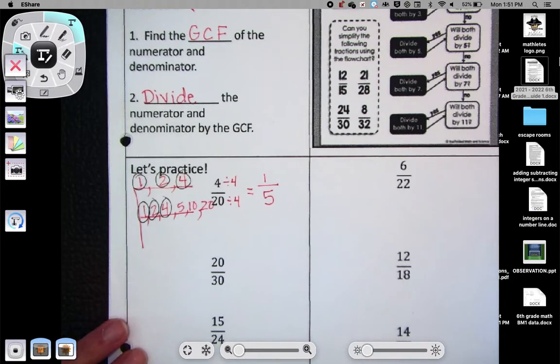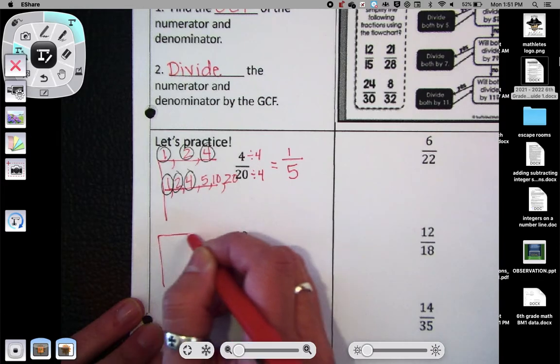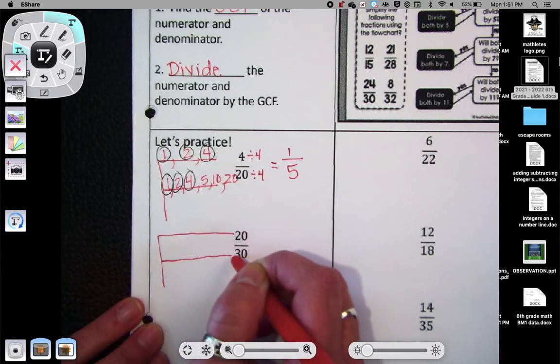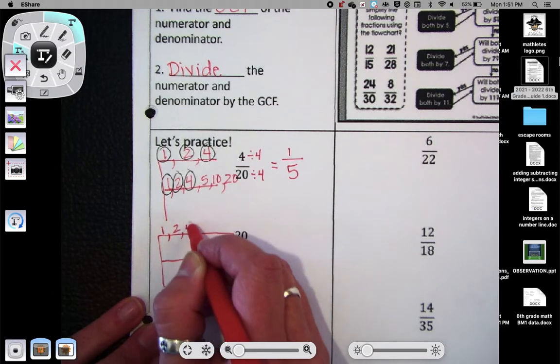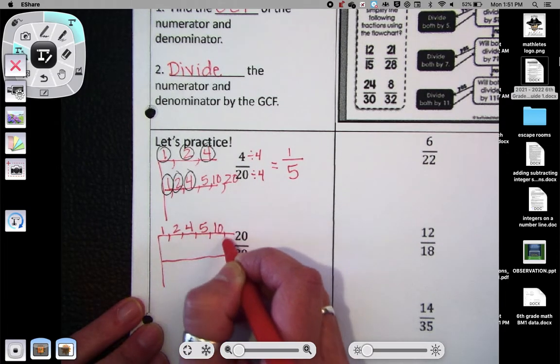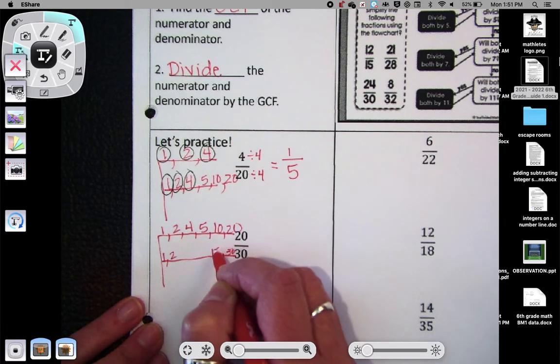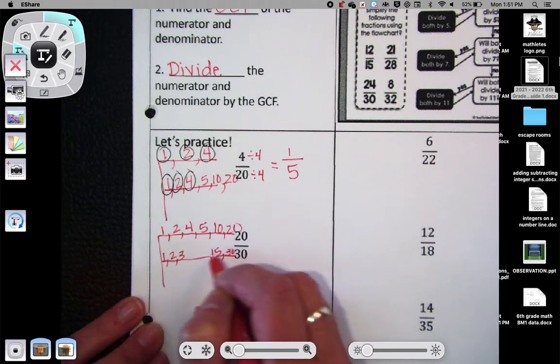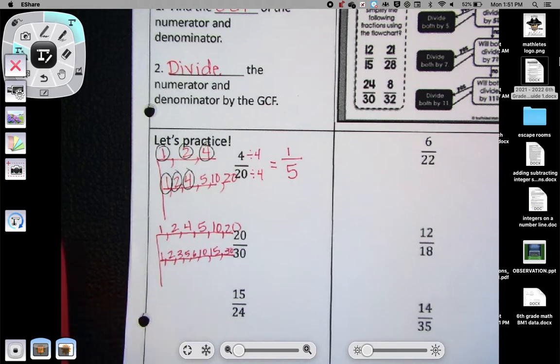Okay? Let's try 20/30ths. We're going to make our big F. We just wrote down the factors of 20. We're going to write down the factors of 30. 2 times 15, 3 times 10, and 5 times 6.